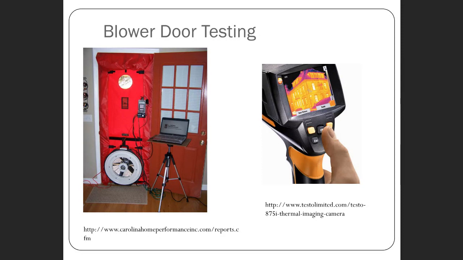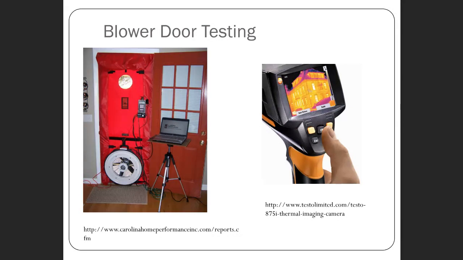You see it in this picture on the left, and essentially it's a fan that's installed in an outside door of the house, trying to simulate what it's like if the wind is really blowing, increasing the pressure differential between the inside and the outside, and allows the technicians to find those sources of air leakage.